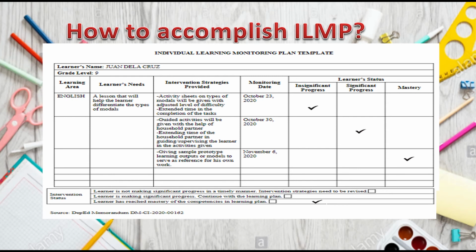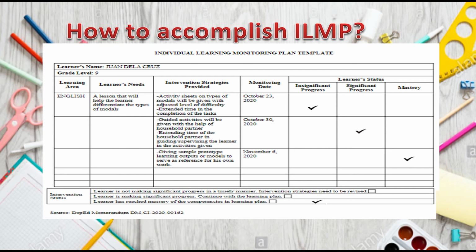The intervention strategies provided are: activity sheets on types of models will be given with adjusted level of difficulty. Extended time in the completion of the task. Guided activities will be given with the help of the household partner. Extending time of the household partner in guiding or supervising the learner in the activities planned.